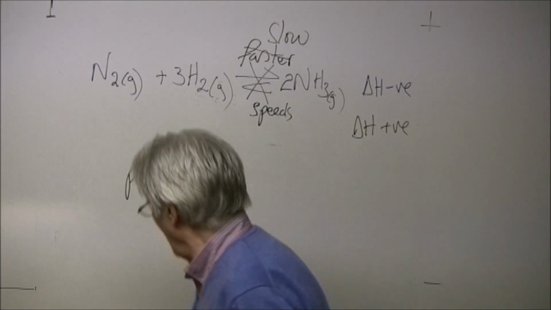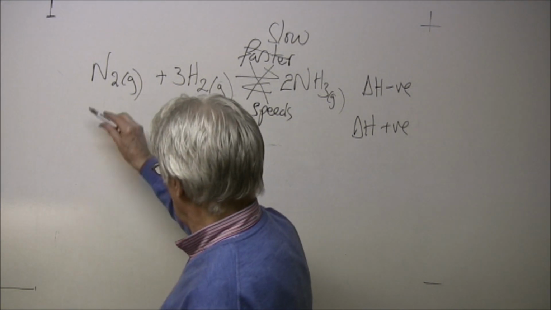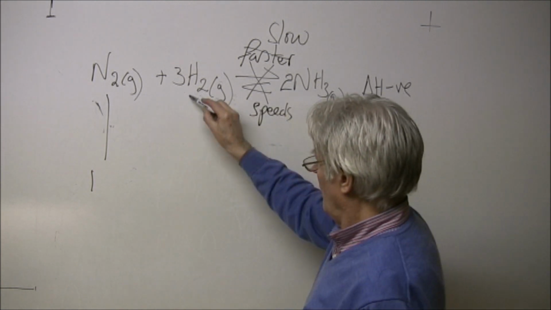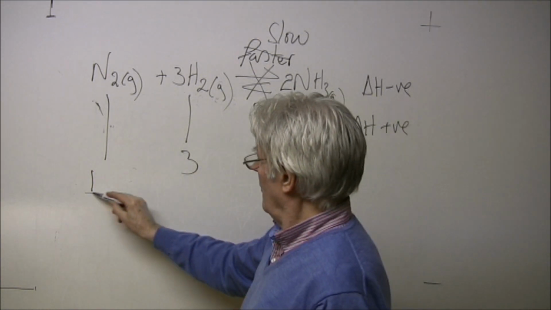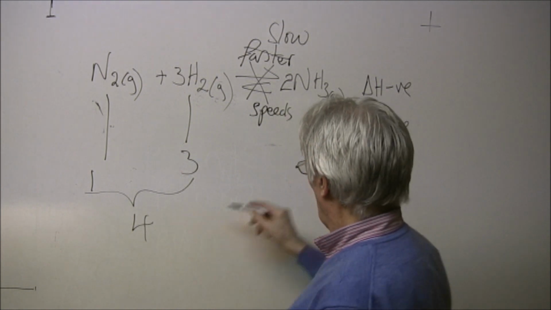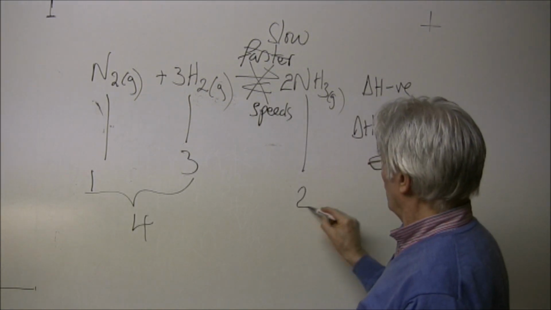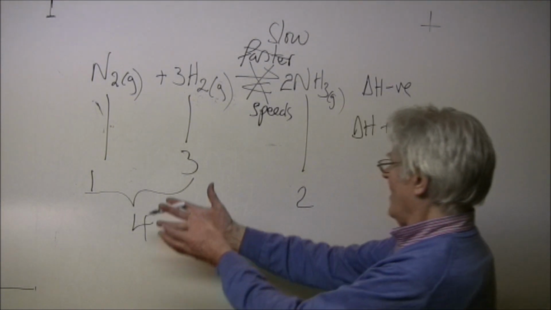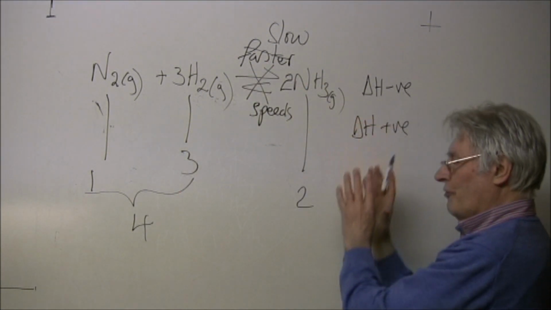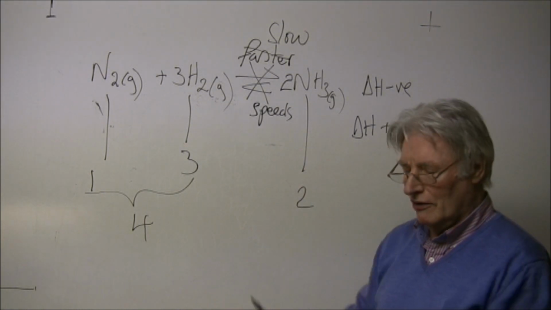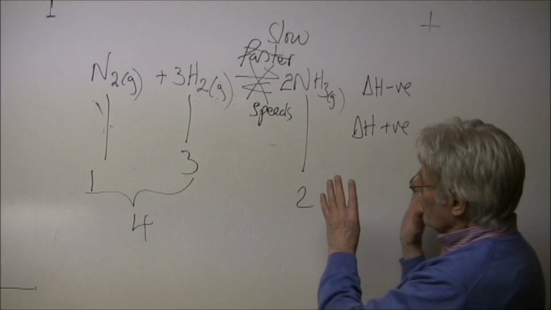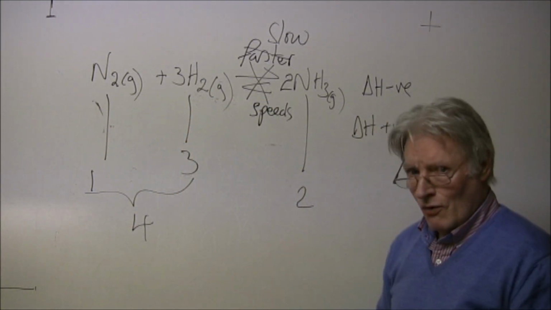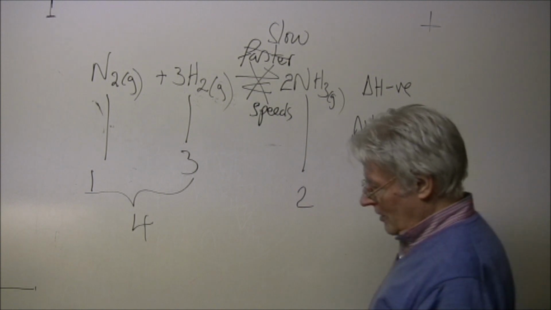On this left-hand side here, we have got 1 mole of nitrogen, 3 moles of hydrogen. Together, that's 4 moles. On the right-hand side, we've got 2 moles of ammonia. So the more this system exists in the form of ammonia, the fewer will be the overall number of molecules inside the container. The more this system exists in the form of nitrogen and hydrogen, the greater will be the number of molecules within the container.